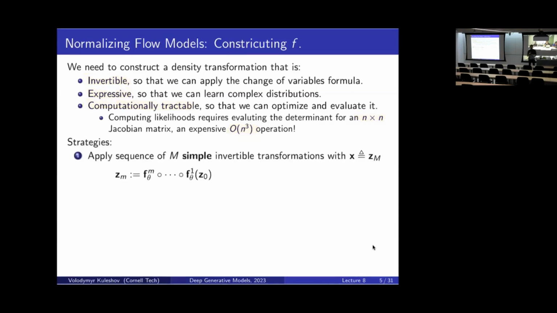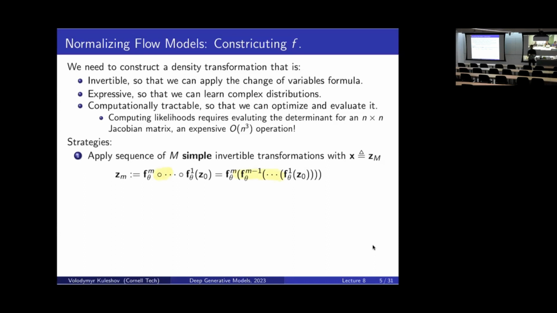And we saw a few strategies that could be used to construct these types of nice mappings f. The first strategy that we saw involved applying a sequence of simple invertible transformations. Or maybe I should say composition. So we are composing many of these simple functions. The circle here just means the composition of multiple functions.